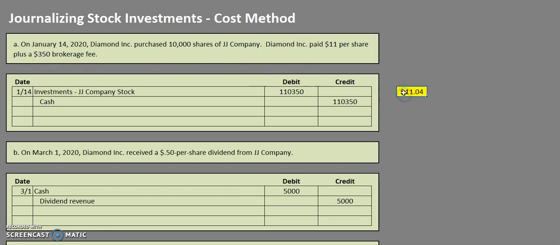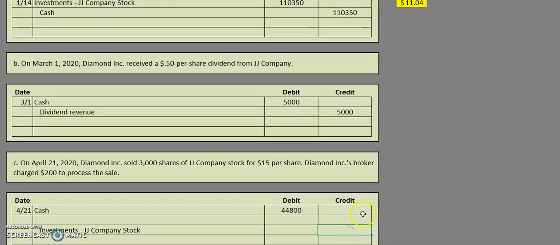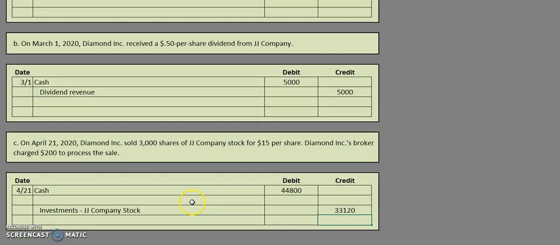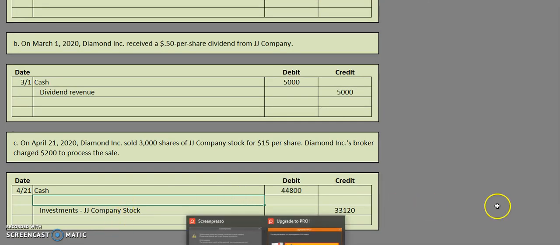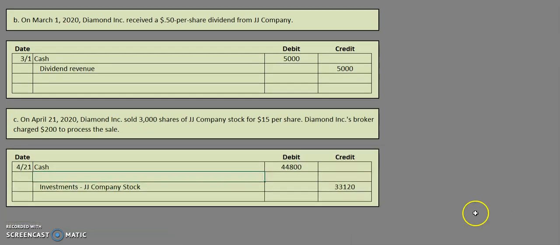So in reality, we actually spent $11.04 per share. Our investments account is going down by 3,000 shares times $11.04, so it's going down by $33,120. You'll notice that I left a little bit of a gap when I put in that credit to the investments account, because we might end up having a debit or a credit here.